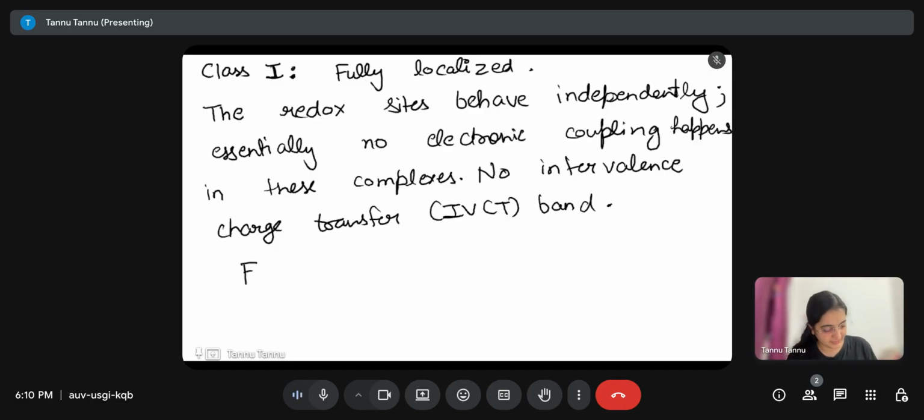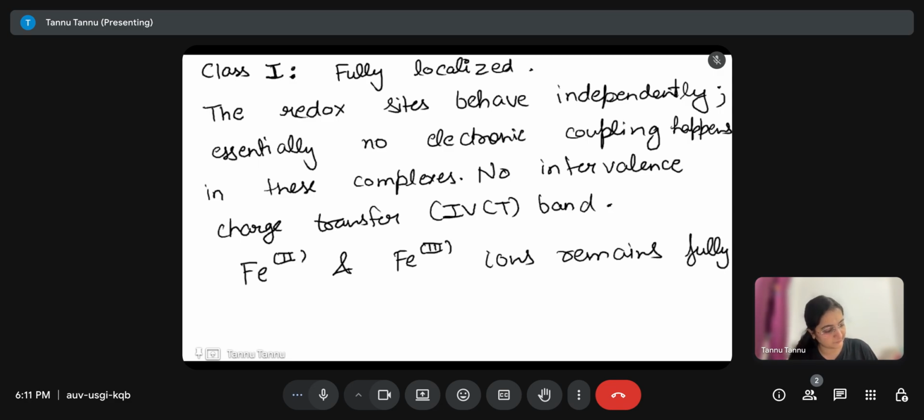So we can say, if we talk about mixed valence iron complexes, the Fe2+ and Fe3+ ions remain fully localized, and these are distinguishable valence states.